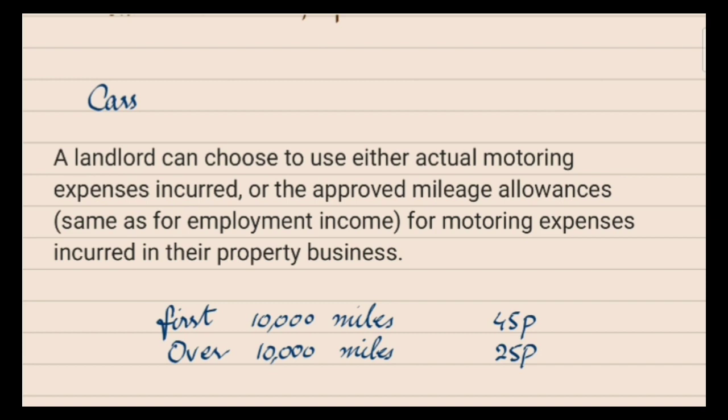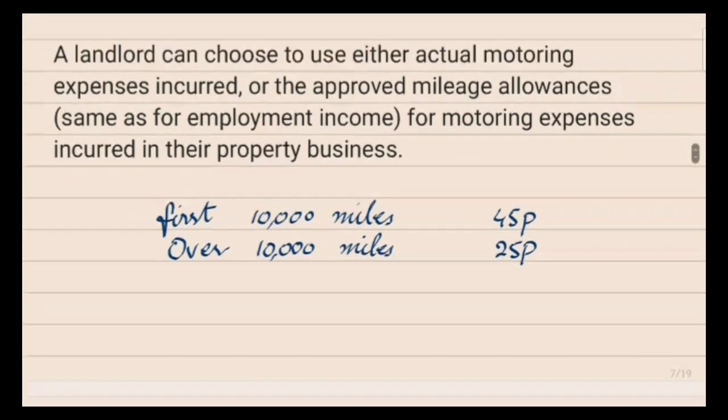And the rule is that for the first 10,000 miles the motor car is used for business purposes, he is entitled to receive 45 pence as per HMRC rules, and for miles over 10,000 he is entitled to receive 25 pence. These are the rules about cars.